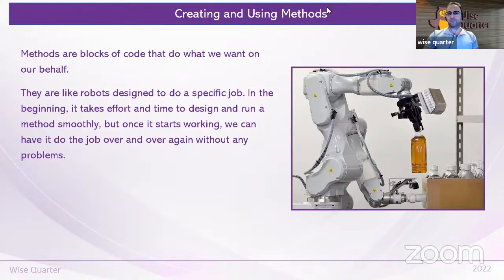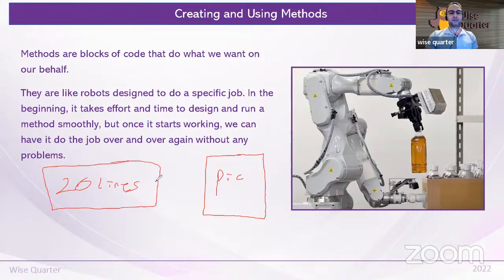For example, let's say you are trying to upload a picture to the system. This is the picture. And to upload this picture, you need to write 20 lines. And each time you are writing the same lines to upload the picture to Facebook, for example.